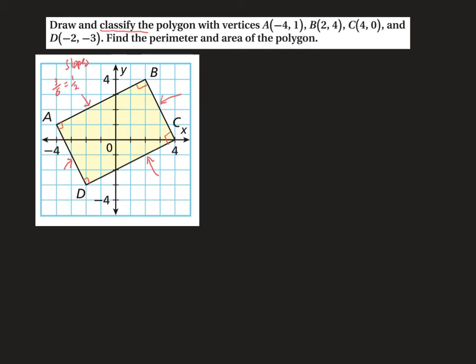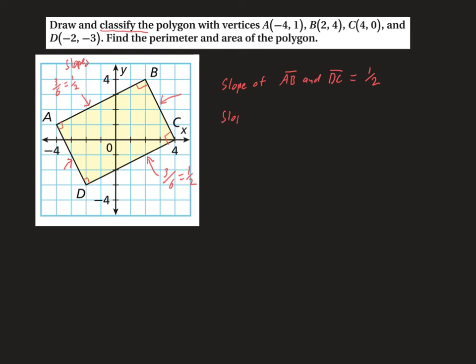Now I'm going to come down to this bottom one, and that's going to be the same thing, up 3 and over 6, 3/6. So I'm going to say the slope of AB and DC is equal to 1/2.